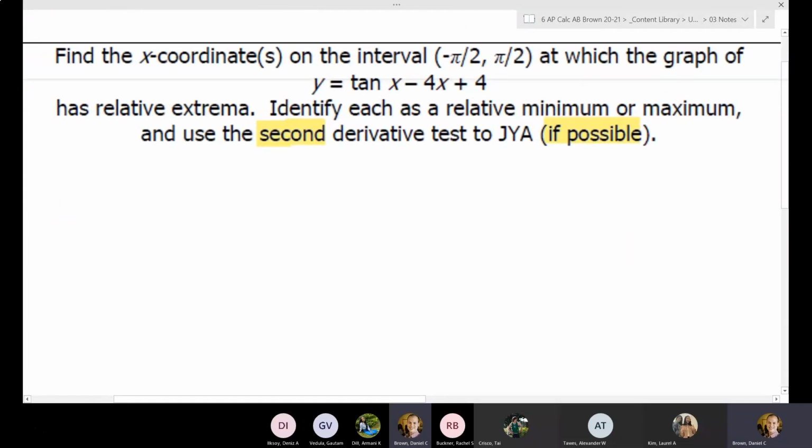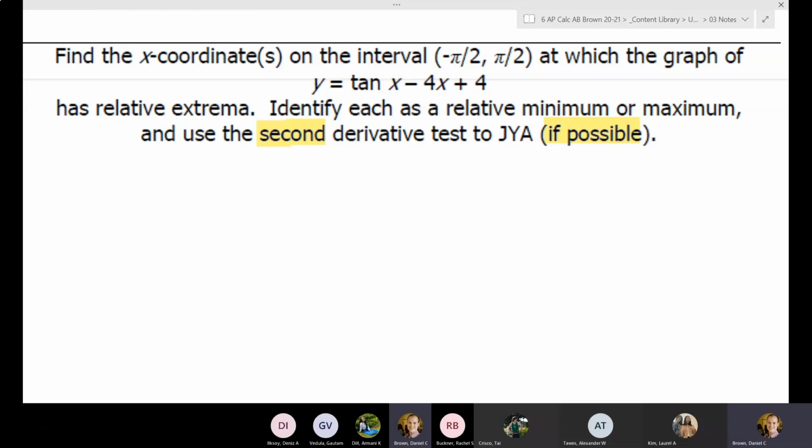So again, second derivative tests only work when you have a horizontal tangent. So go ahead and find the location of a horizontal tangent in this graph. Horizontal tangents are going to be when the derivative is equal to 0. Feel free to pause there, and then we can finish out the problem together.